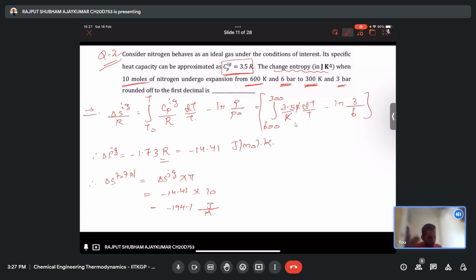Because mole will cancel out, we have joule per mole Kelvin times moles. So delta S total comes out to be this thing. So this is what the answer looks like. So this is our answer.